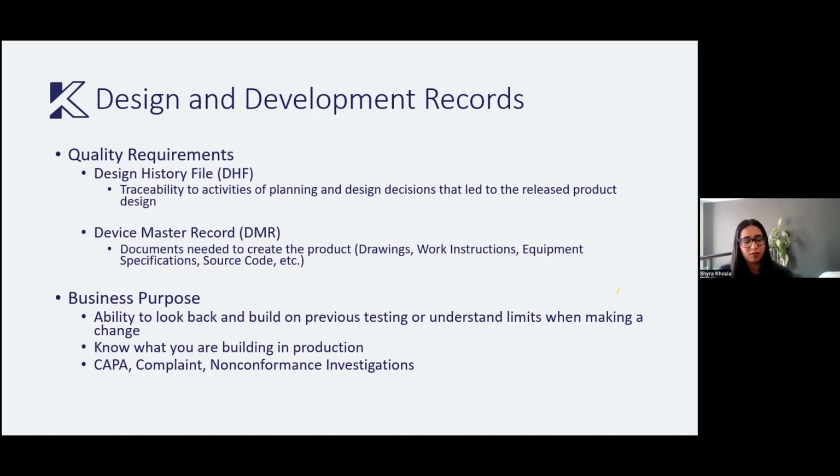And all of these come up because as much as we'd like to say that everything will always go right, like in the flow chart I showed before, and there's going to be one in a couple slides as well, which shows everything in a nice forward linear fashion, nothing ever is. And so when things go wrong or things don't go according to plan, you are expected to look into it and see why. A lot of these records help to support that investigation to then drive actions for improvement going forward.